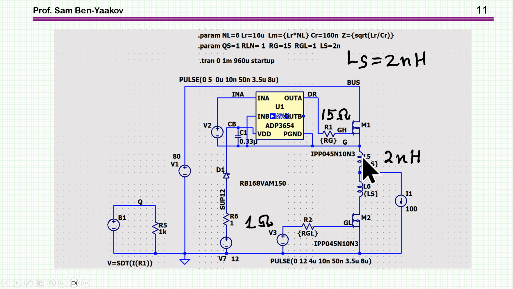Now, up to now, we assumed that the stray inductances are very low, or zero, okay? Now, to be more realistic, I'm adding here some inductances, 2 nanohenry, which is kind of reasonable, to these two sections. Of course, there are many more inductances in the circuit, like here and here, everywhere.